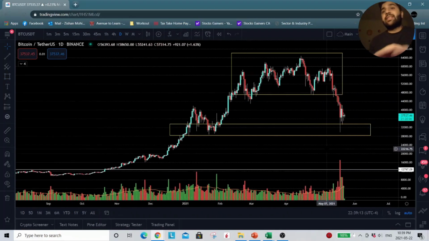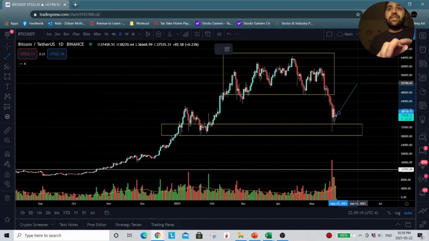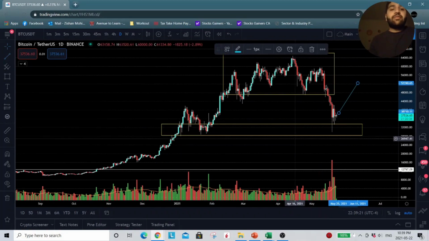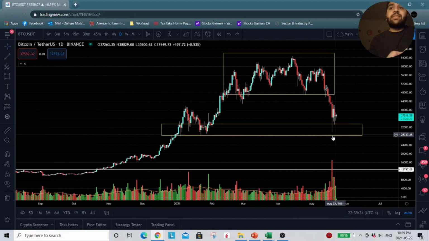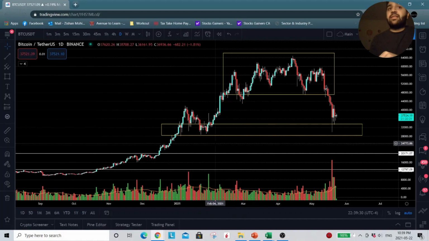But right now we can see some demand come in. So if this area holds, we can head back towards this side. If it breaks, then we can see a significant downtrend down to 20,000. 20,000 was a great significant number, guys, and even 25,000 was the next level, I would say.